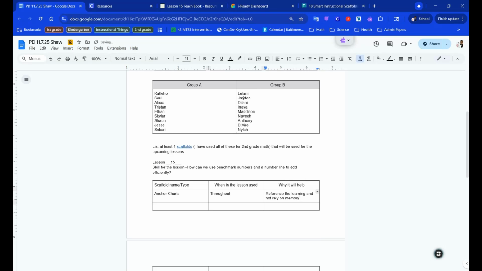I don't want these students to have to rely on memory. I want to take as much of the hard part out of it, and I just want them to be able to use a skill and access it. If using an anchor chart will help me, then I'm going to help them. So they're not just relying on memory, and they're able to actually do the work, right?